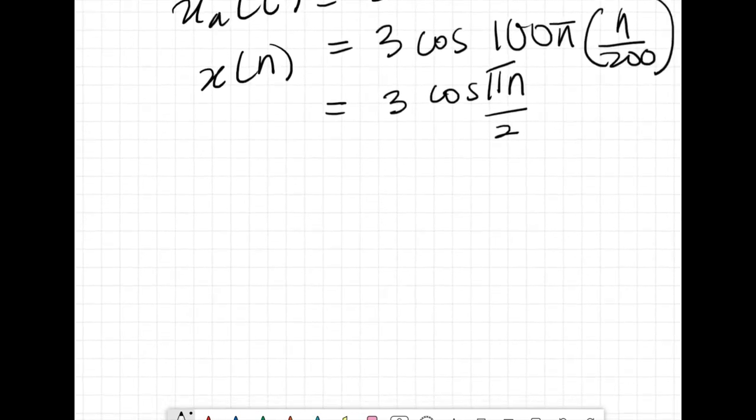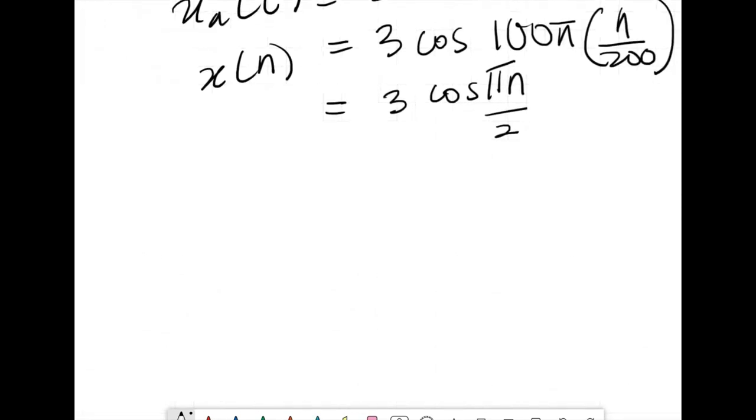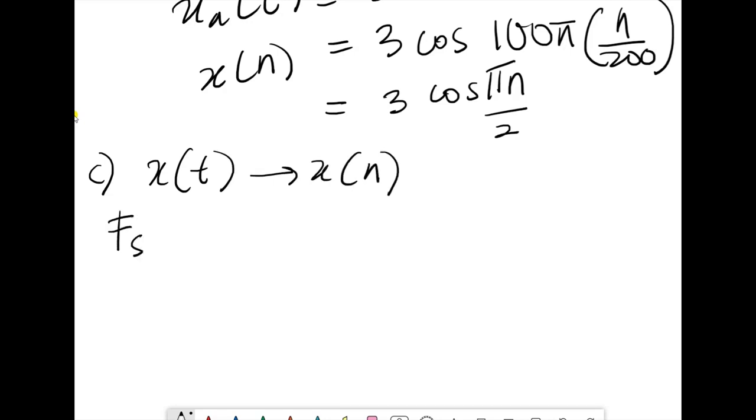All right, so for question C, question C is similar to question B, x(t) to x(n), at sampling frequency equals 75 Hz. Okay, sampling frequency 75 Hz is much lower than the sampling rate given by the Nyquist theorem.